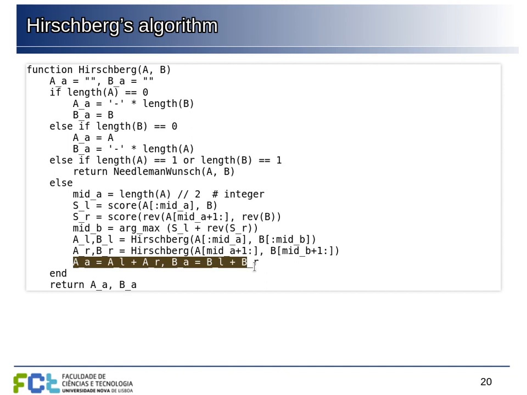And now we just concatenate the alignments and return them. So the alignment string for A will be the left and the right added together, and the alignment string for B will be the left and the right added together.